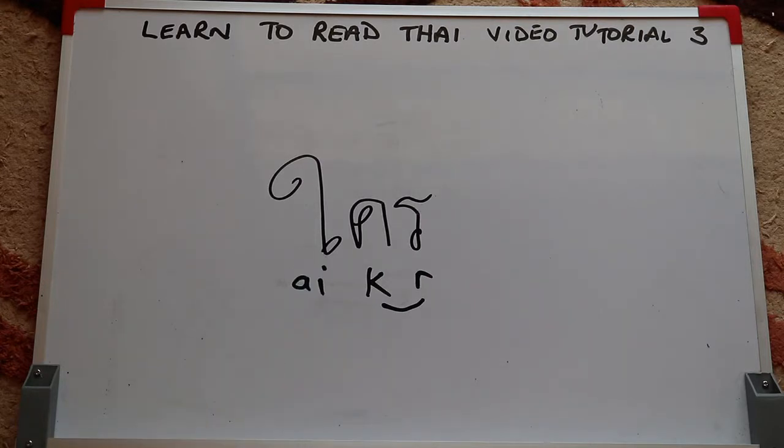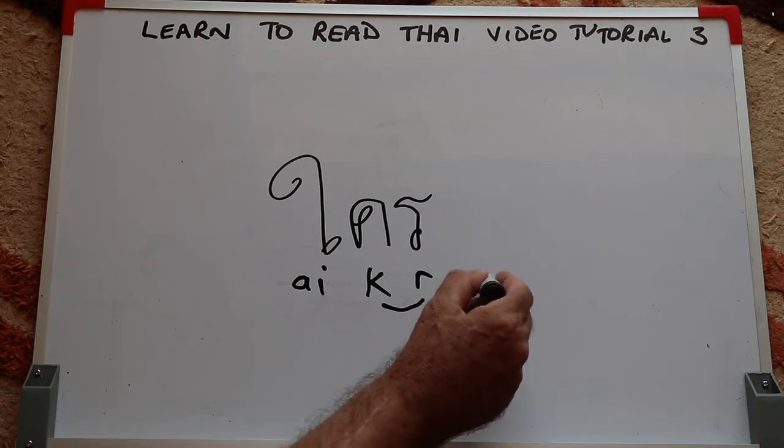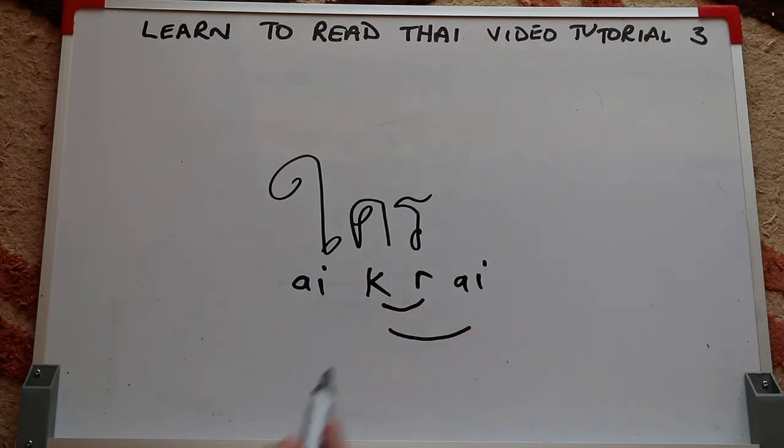And so the vowel is written before the consonant, but pronounced afterwards. So it makes a cry sound. I'll get Pom to say that so you get the right tone. Cry. And that word in Thai means who.